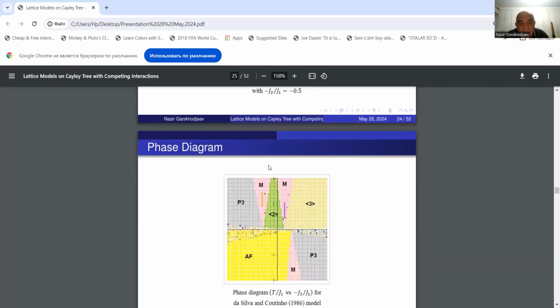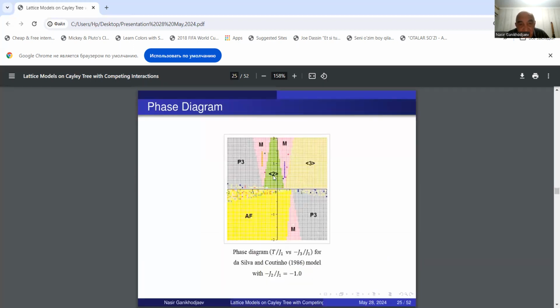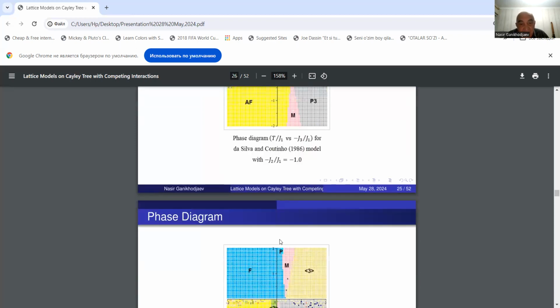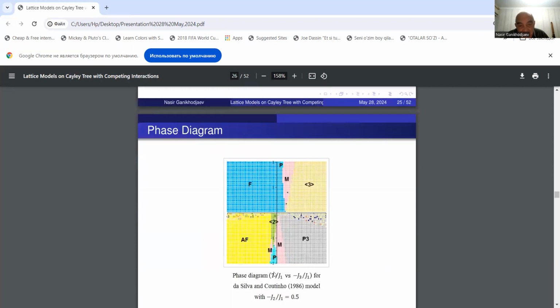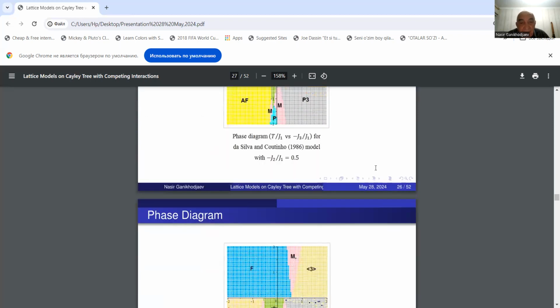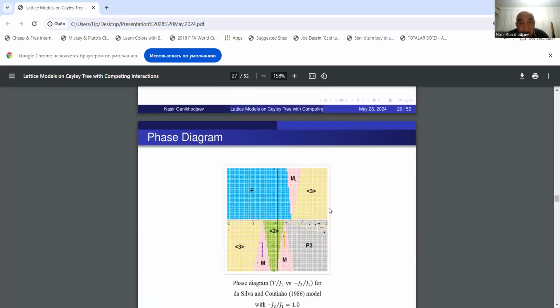So here novelty arises also: phase with period 3, period 2, modulated, so a lot of phases. This is for the case with this ratio 0.5.